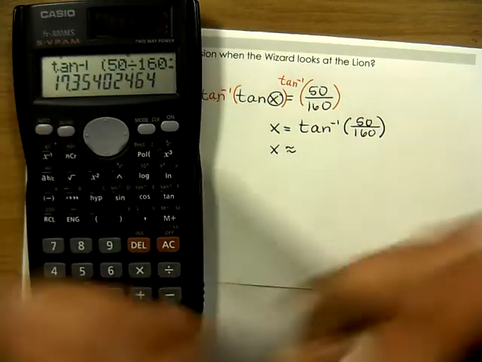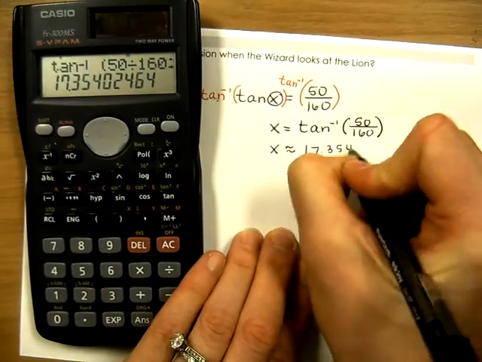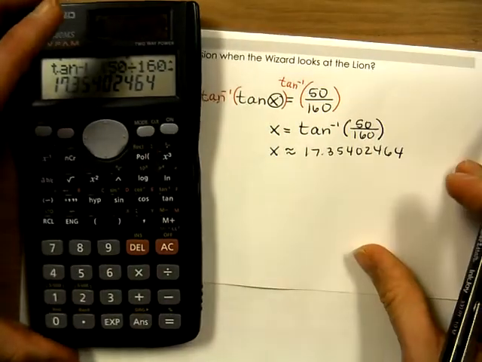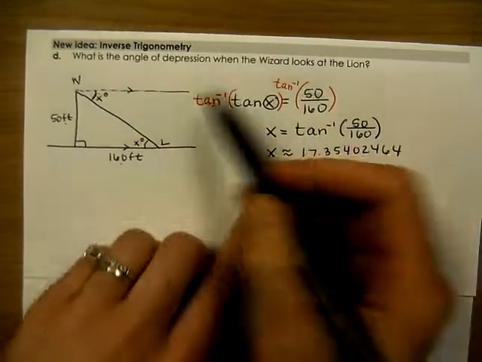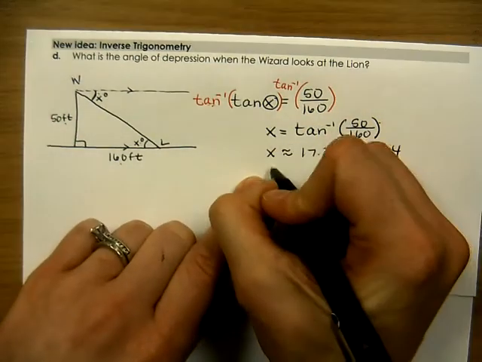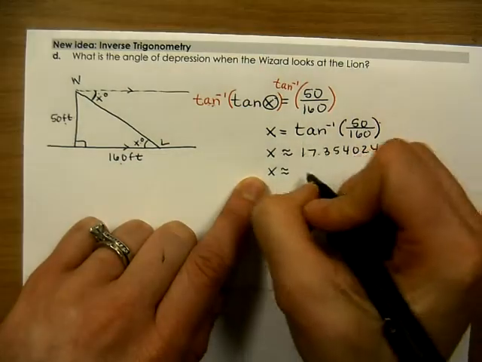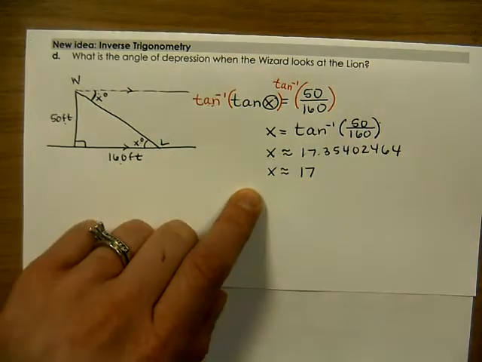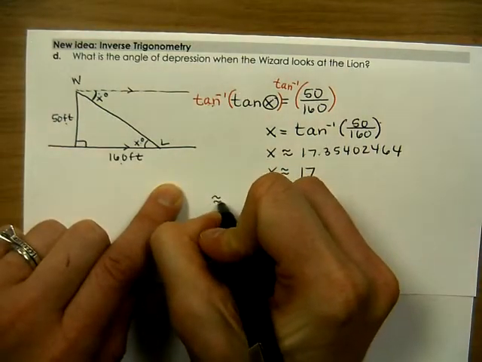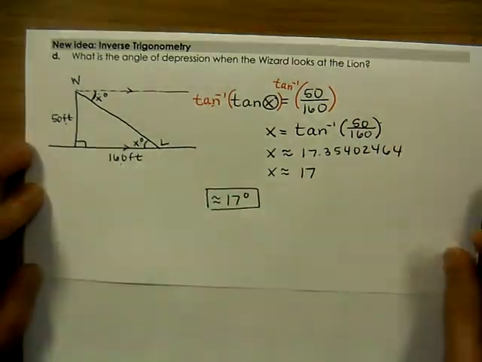So x is approximately 17.3540264. That is an approximation. It actually will go on forever, but it doesn't tell us what to round to. If we wanted exact, this technically would be the exact answer. But to make it make more sense, let's round to the nearest degree. We'll call x approximately 17. So what is the angle of depression? The angle of depression is approximately 17 degrees.